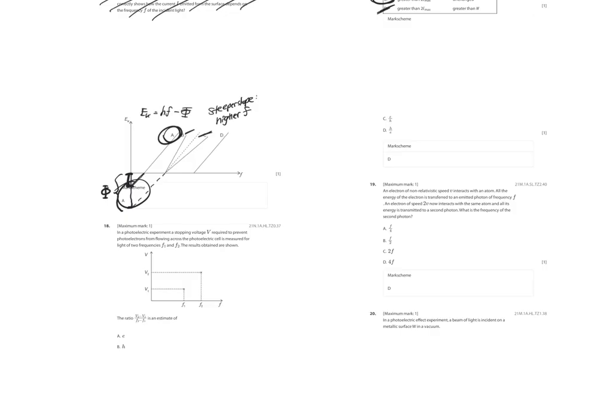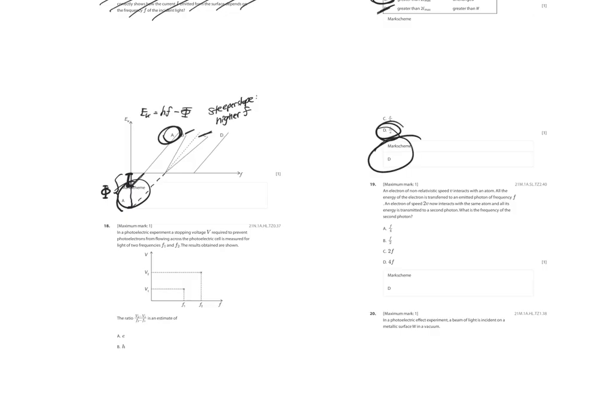Okay, yes, for a higher frequency, that would be a higher energy, so it would be a higher stopping voltage, true. And, ooh, we already answered this question. It says, what is the ratio of the difference in the voltages divided by the difference in the frequencies? And we already said that was H over E.